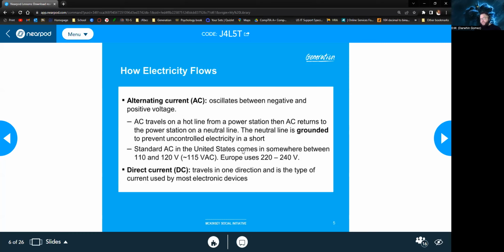I don't know the specific reason why they did it that way, but it basically means that they're sending more electricity right through the wire. So if you get shocked by 110, it's going to hurt. But if you get shocked by 220, it's going to burn you. It's a lot more powerful.